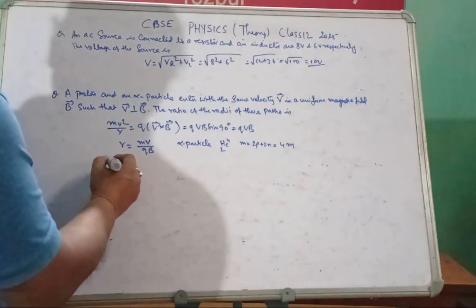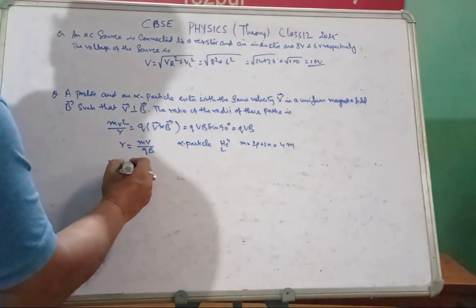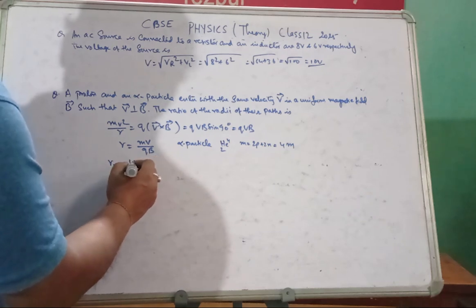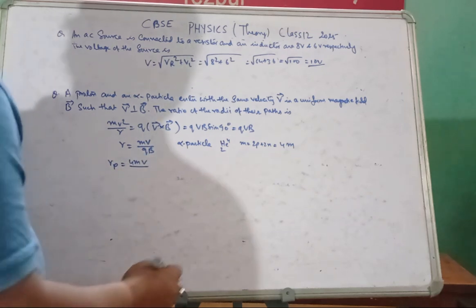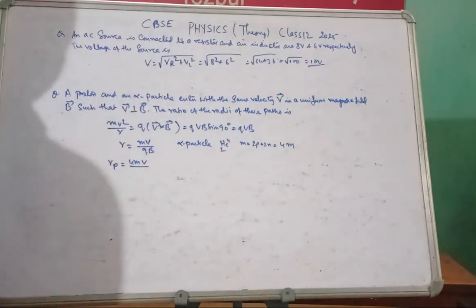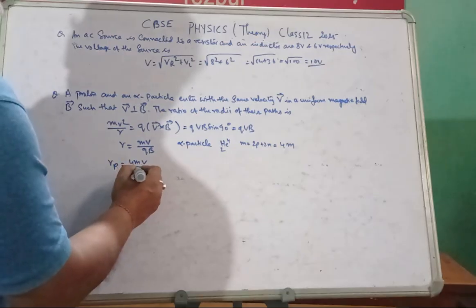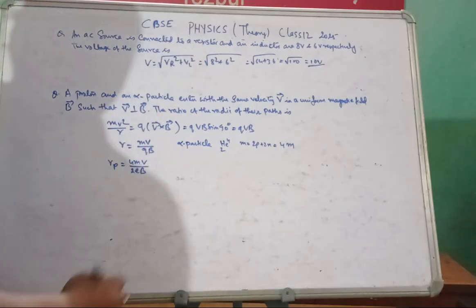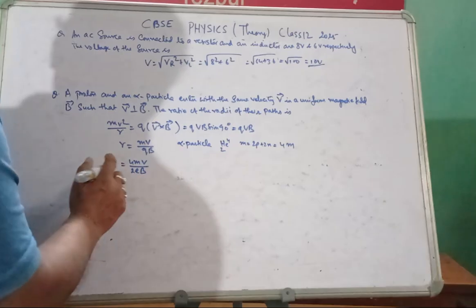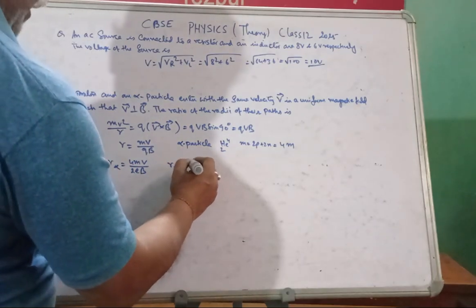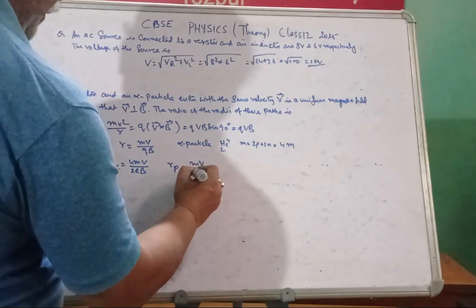So r alpha will be 4m into v by q, that is 2e, since a helium nucleus has 2 protons, into B. And rp will be mv by eB.